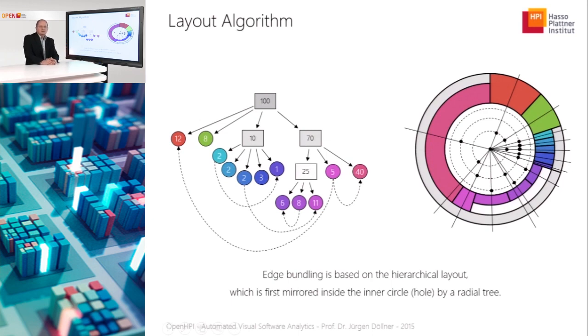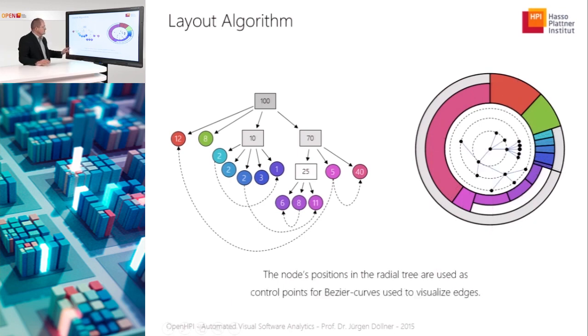A bundled line is implemented by a Bézier curve, a bending graphics primitive known in computer graphics. And this curve is defined by an end and start point together with some control points that shape the curve. If we use these points as control points, we get bundled lines like this. The bending respects the hierarchy position of the involved components.